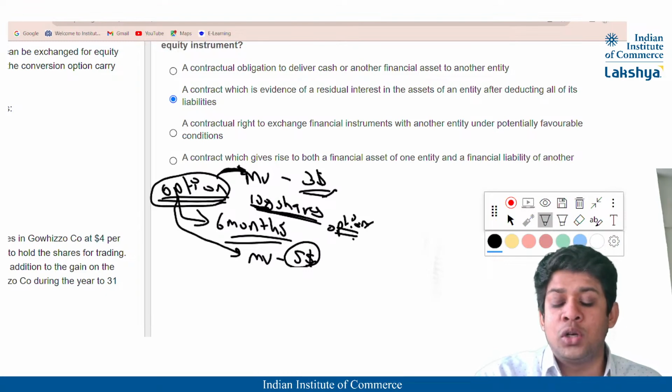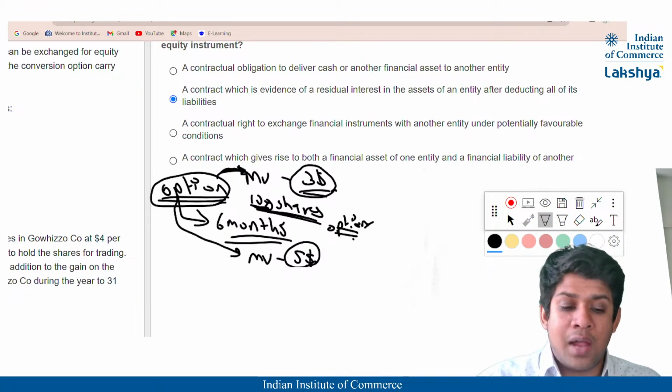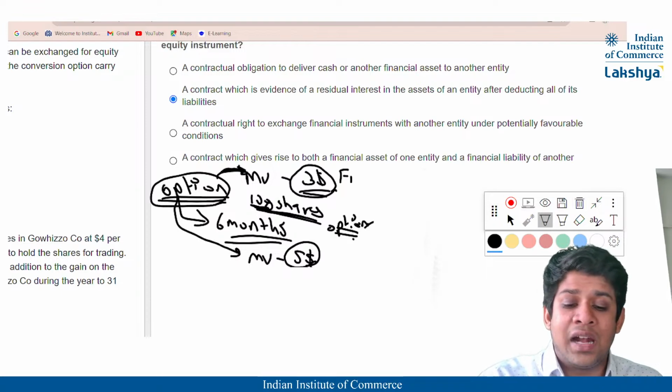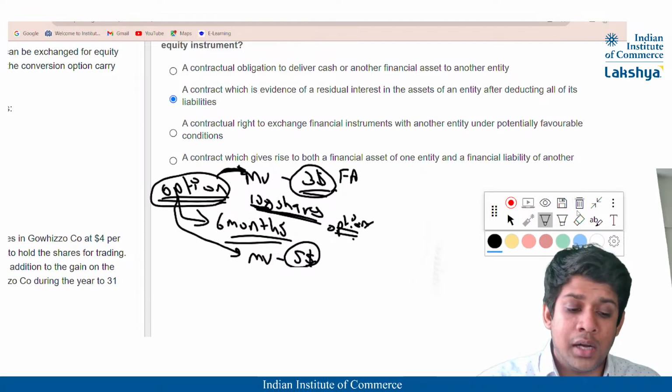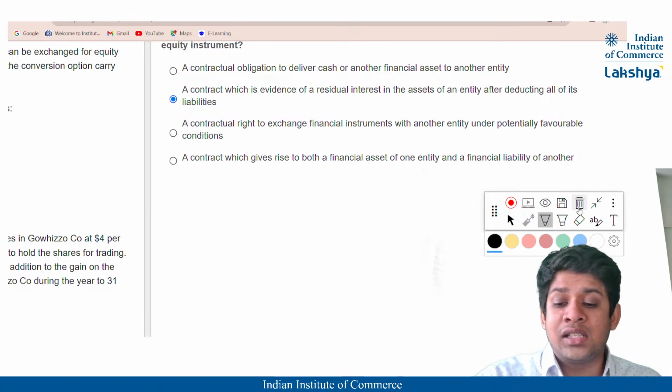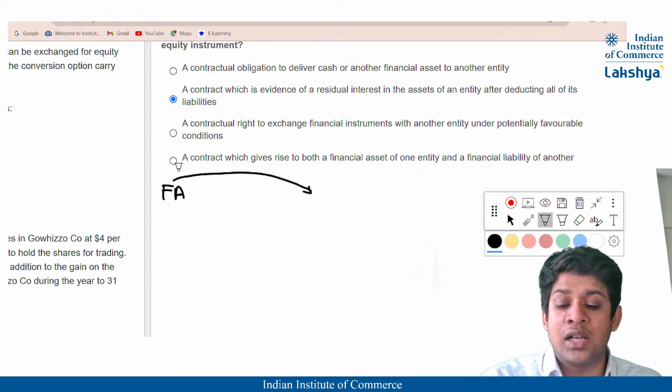But since I have an option today, I will purchase them at a cheaper price, that is $3. So because of this option, I am actually going to get a benefit. So technically, this option is a financial asset to me, right? So after 6 months, when I purchase these shares, I will give up my option. That means I'll give up my financial asset.